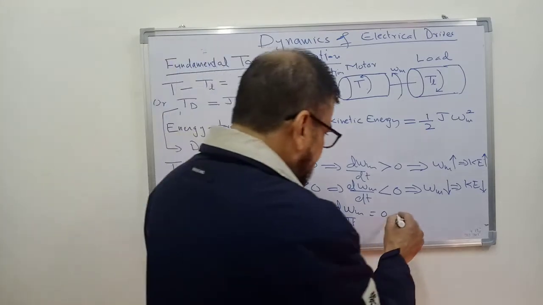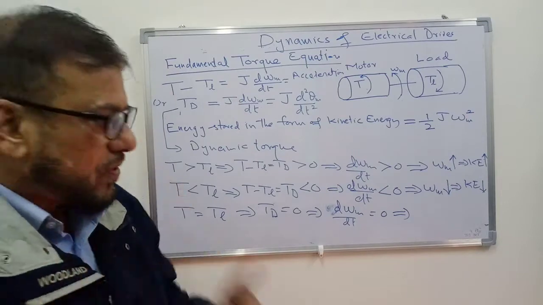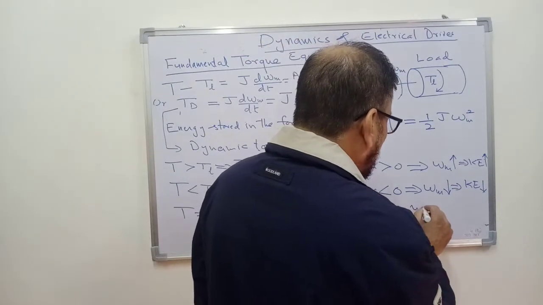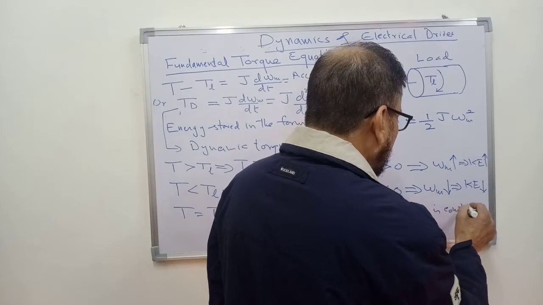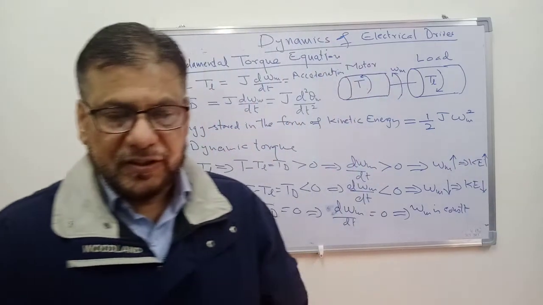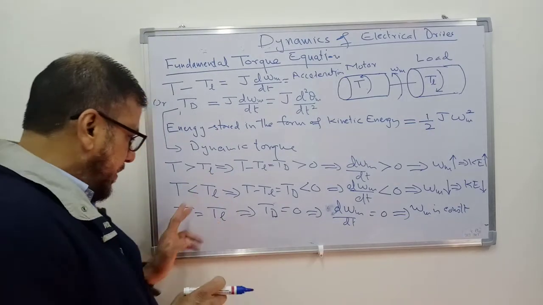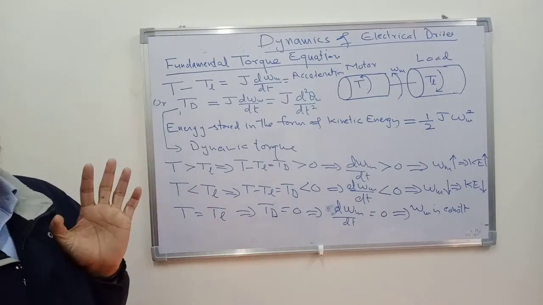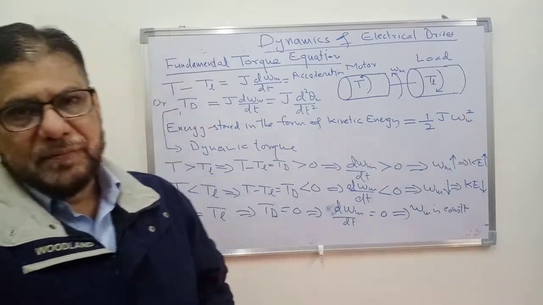What does it mean? This implies that speed becomes constant. Omega m is constant. Speed of the motor becomes constant when torque is equal to load torque. So the motor runs at a constant speed.